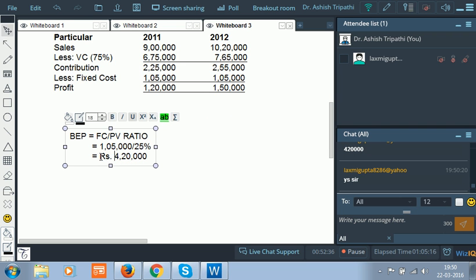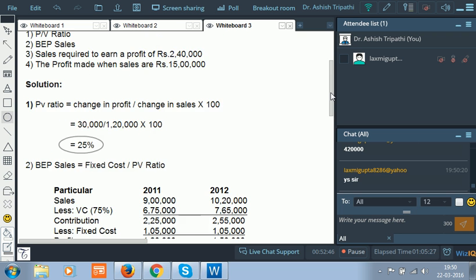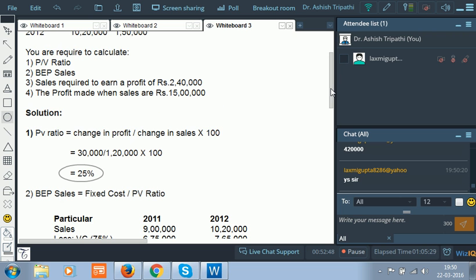Whether it is rupees or percentage, you will have to mention that, otherwise you will lose your marks. So let us mention rupees 4,20,000 and let us circle it. So हम लोग ने दो आंसर निकाला, PV ratio and break-even sales.